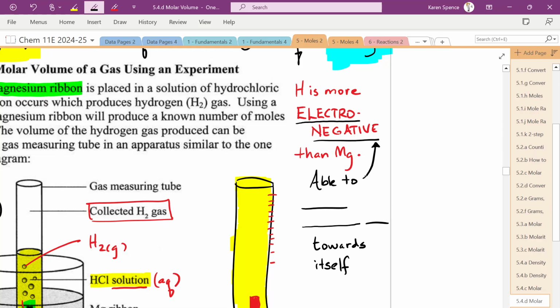Electronegative is the ability to pull bonding electrons towards itself. So basically, hydrogen is more attractive to electrons than magnesium is. Hydrogen has more pull on electrons than magnesium does.